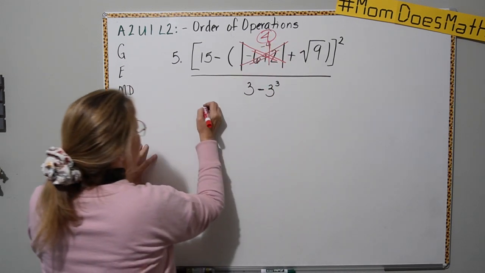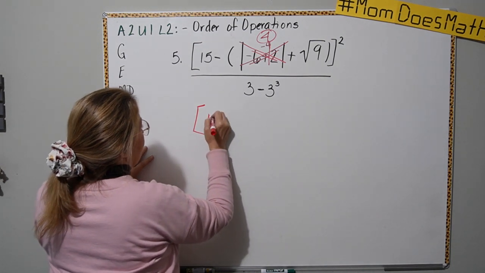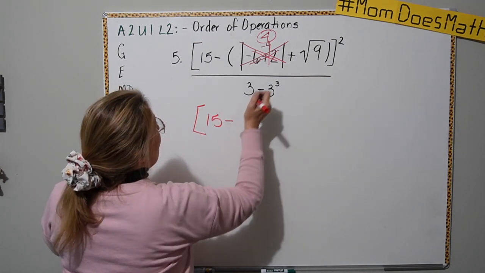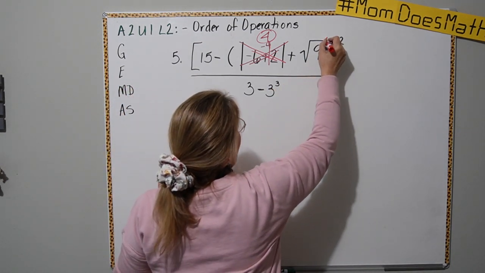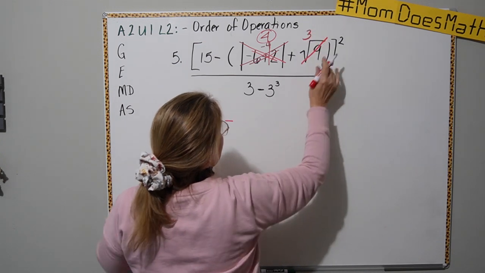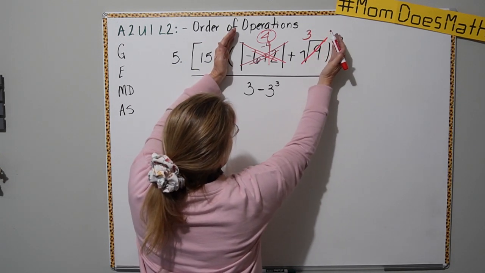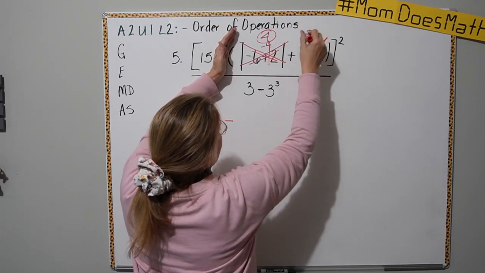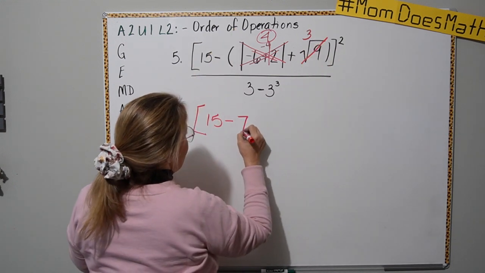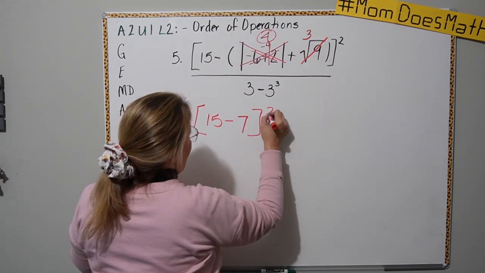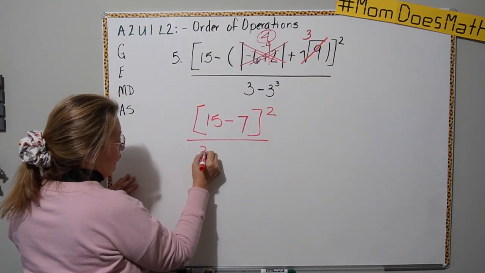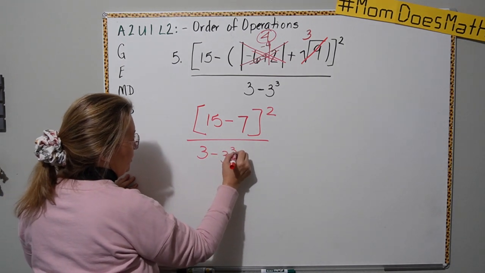So what we have at this point is the bracket 15 minus, all right, what is the square root of 9? 3. We're still inside this set of parentheses. So now 4 plus 3 was 7, and then that is squared over 3 minus 3 cubed.